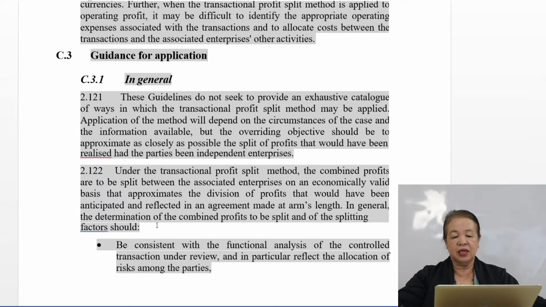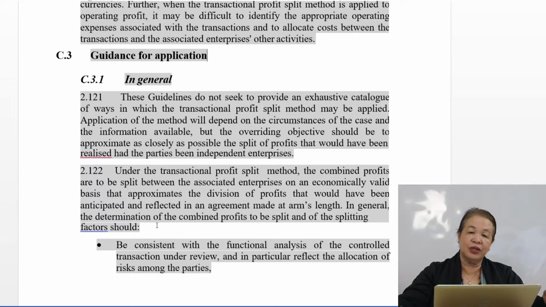Since the aim of transfer pricing is to adapt and apply the arm's length principle, if related parties split profits, the split should reflect what independent parties would do.